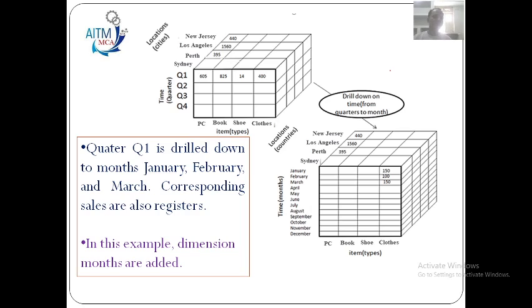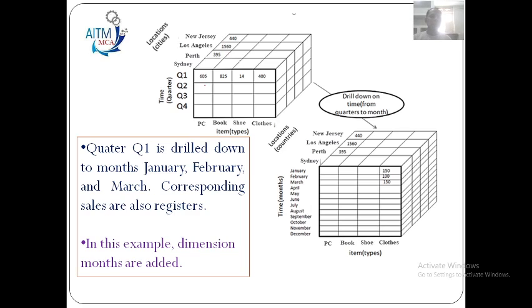See here now. In this example, again the same: New Jersey 440, Los Angeles 1560, Perth 395 and Sydney 605 for quarter 1. These are all the values for quarter 1.